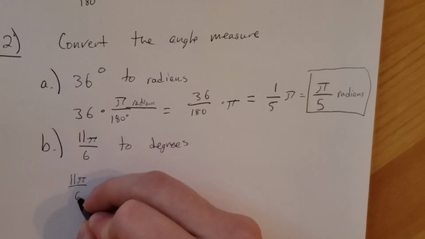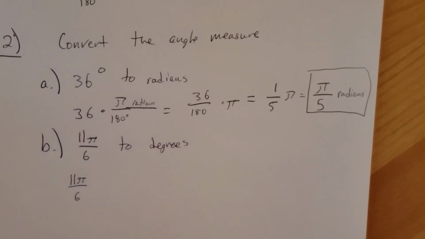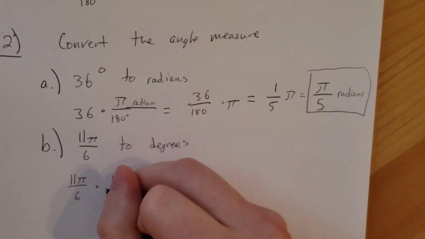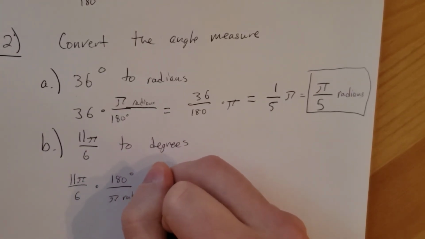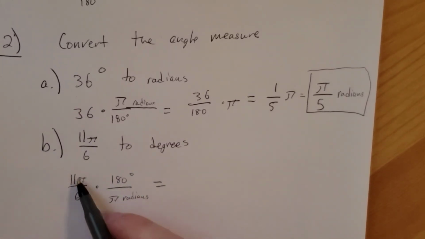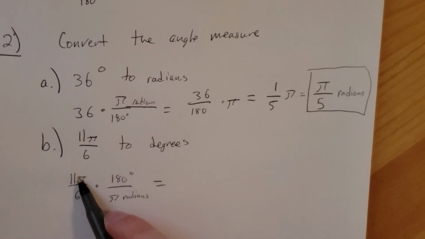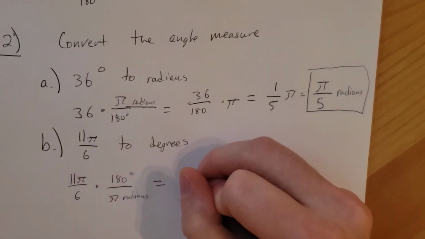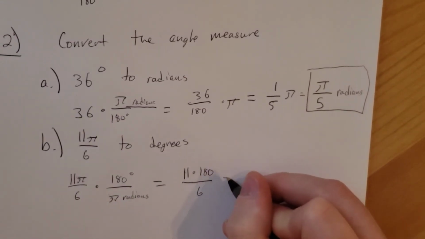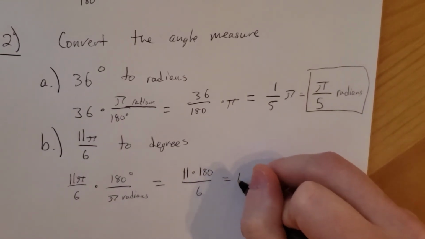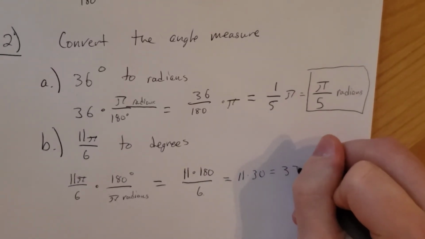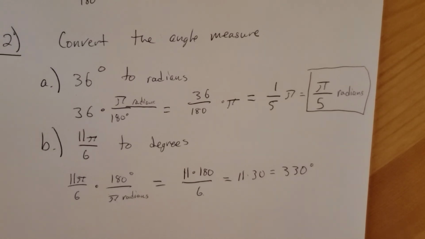Well, to convert radians to degrees, we multiply by 180 degrees over pi radians. If we do that, then the pi's cancel. So we get 11 times 180 over 6. 180 over 6 is 30. So this is 11 times 30, or in other words, 330 degrees.